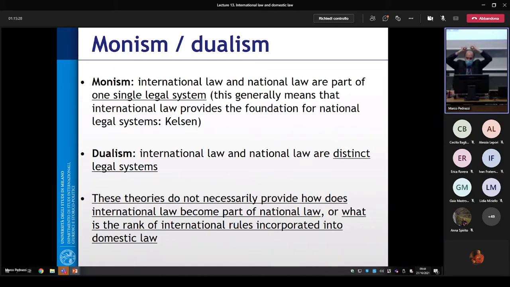Kelsen himself preferred the second option, so international law is superior to national law, which means that there is a hierarchy, and international law is at the top and domestic law is at the bottom.